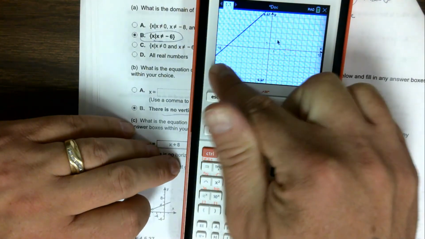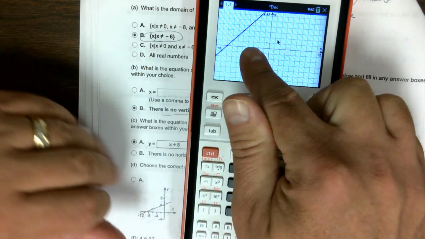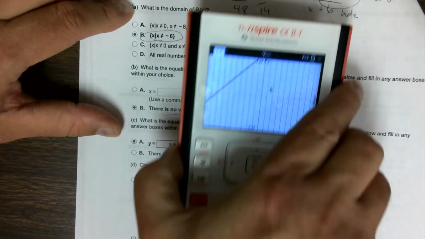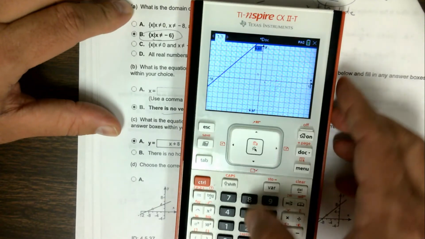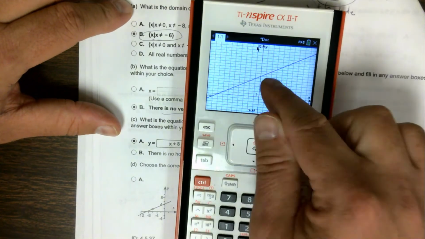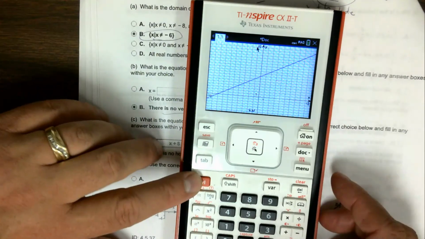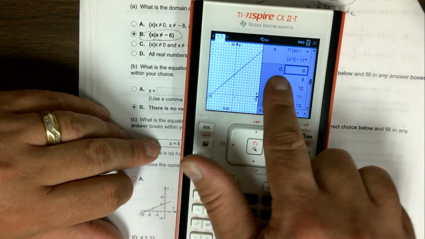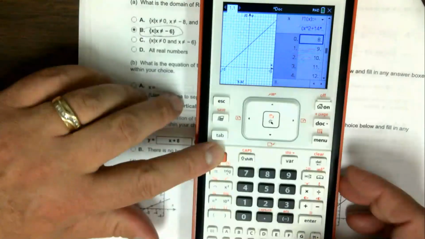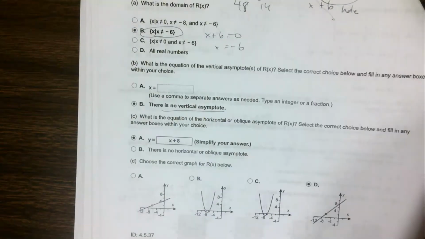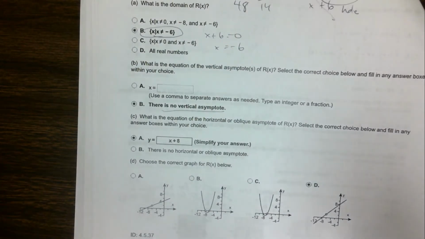And if you think about it, if it was x plus 8, then we can change this to be 20, and you'll see it's crossing at 8. You can go to your table at 0, 8. So there's not a vertical asymptote. It's just a slanted line. So just like slope of 1, y-intercept 8, and it's that one.